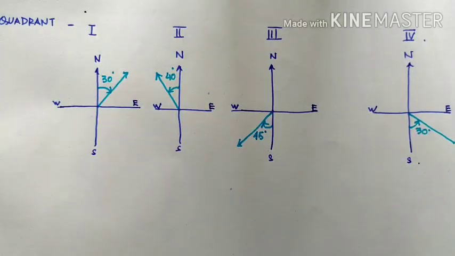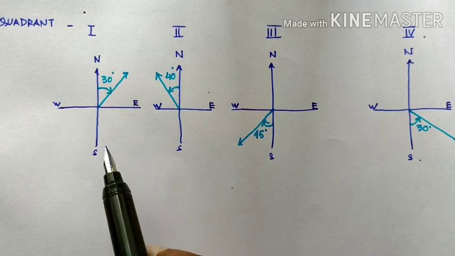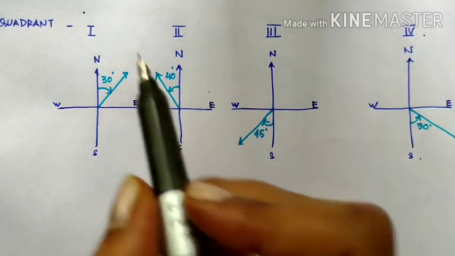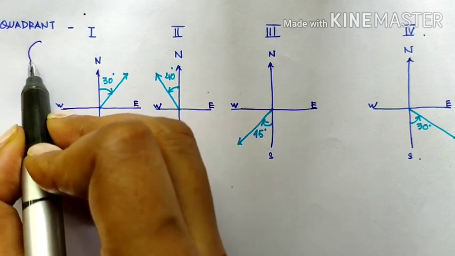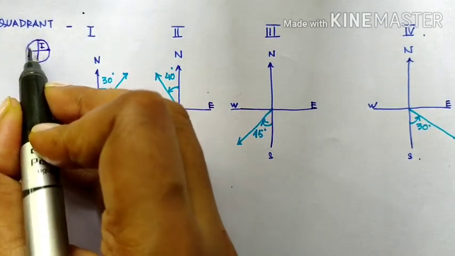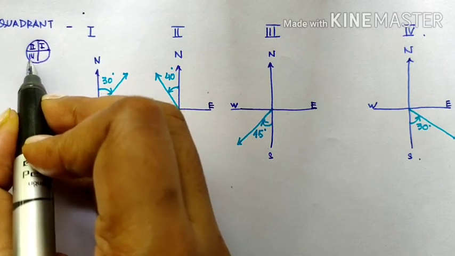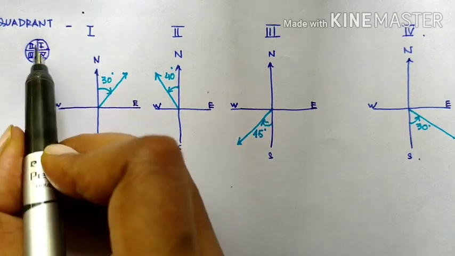Now let us come to the exercise of reduced bearing. This is the first quadrant. I mentioned earlier we have got 4 quadrants. This was the first, this was second, third and fourth. So we are now in the first quadrant.